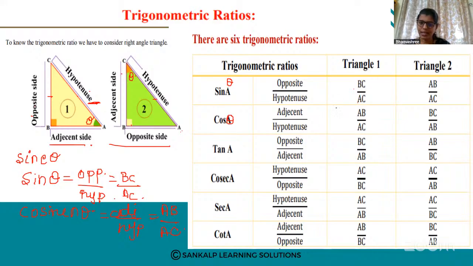Next, cos theta, adjacent divided by hypotenuse. In the first triangle, it is AB divided by AC. In the second triangle, the adjacent side is BC divided by AC. Sorry, it is AC actually, not AB, AC.